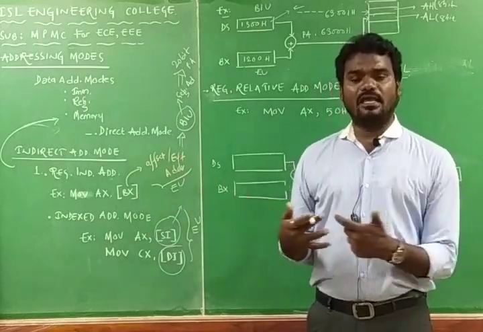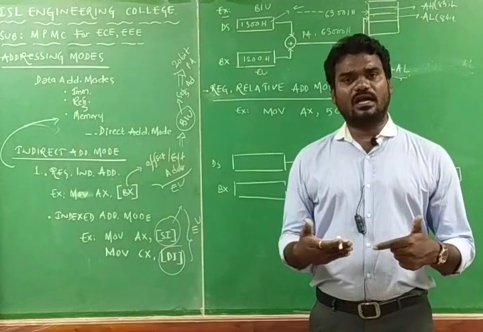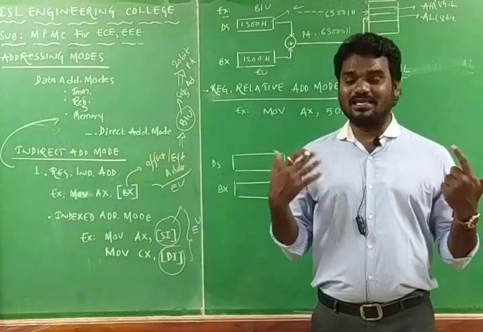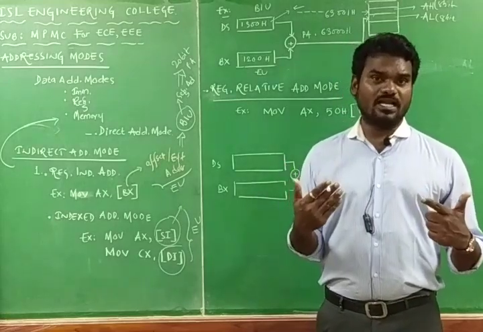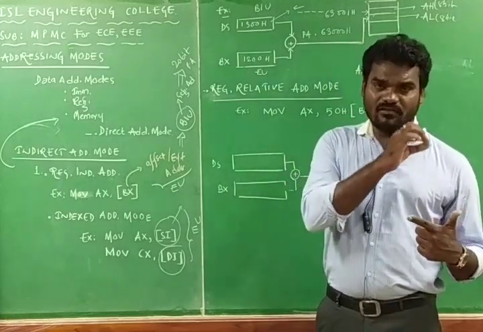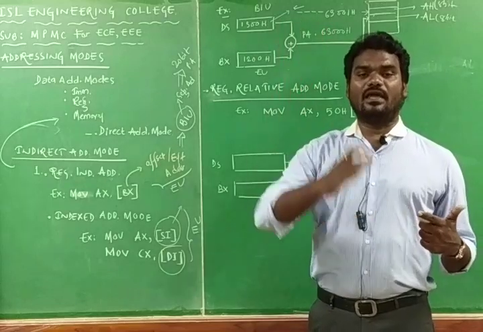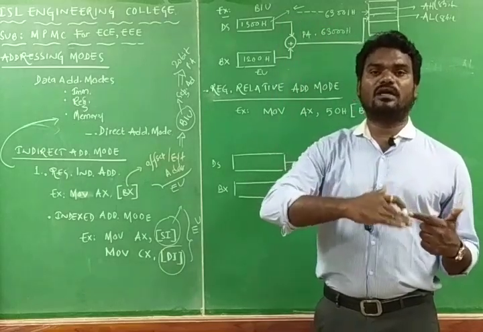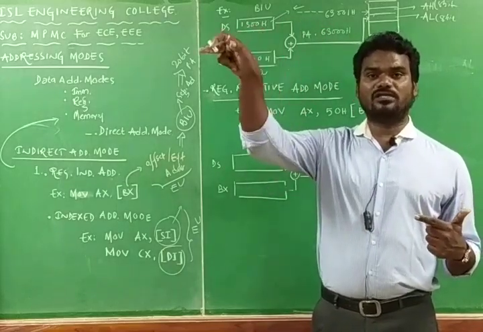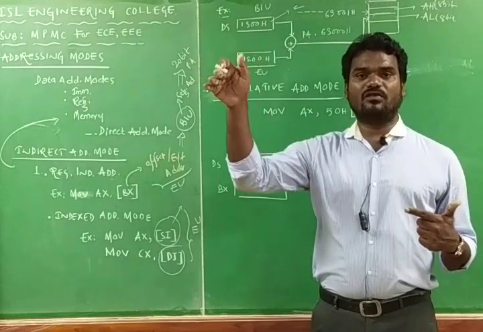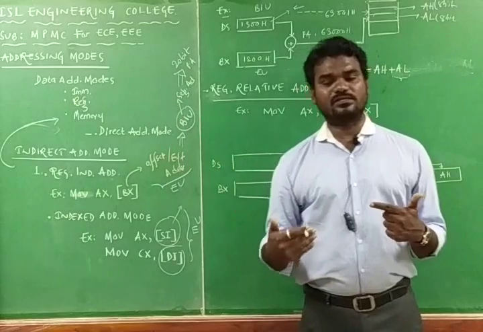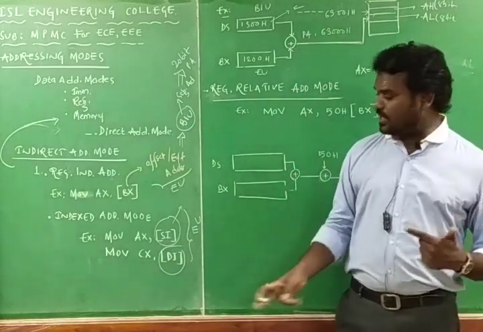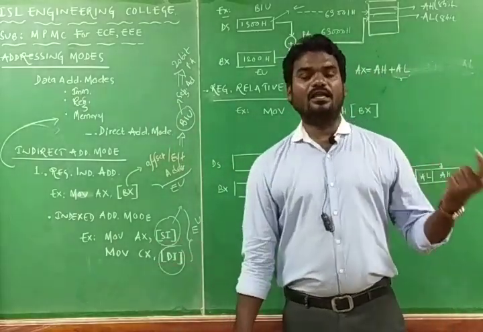By adding the offset address and the segment address, the 8086 microprocessor generates the 20-bit physical address, looks directly into that location, accesses whatever operand is available there, and performs the function based on the given instruction.